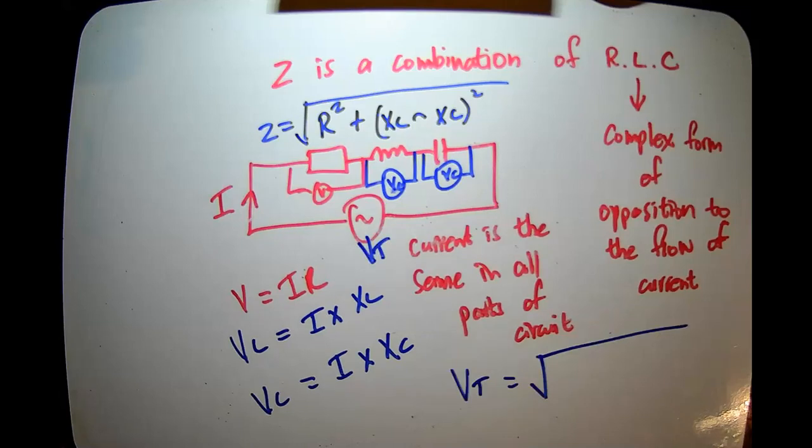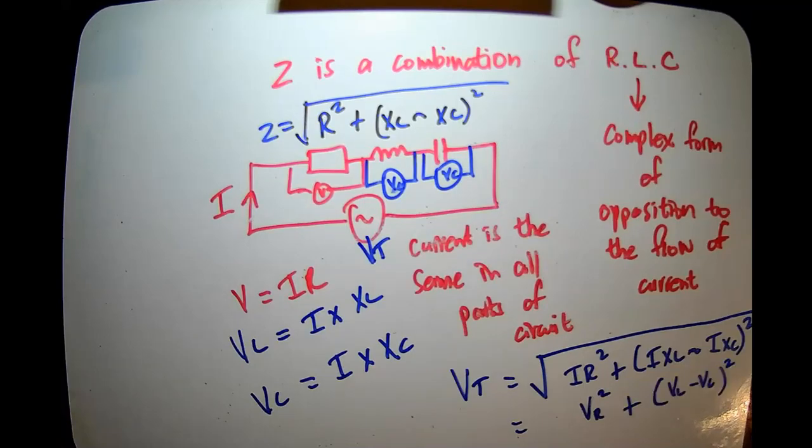So voltage total is equal to the square root of (IR) squared plus (IXL minus IXC) squared. Obviously, whichever one is larger will come first here. Okay, so this is how we get the total voltage. Now all those formulas can be swapped out, because IR is VR, IXL is VL, and IXC is VC.